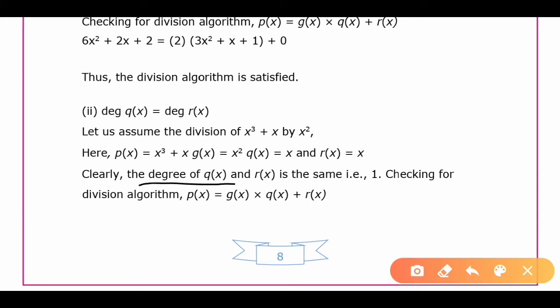Clearly, the degree of q of x and r of x is the same, and that is equal to 1. Checking for the division algorithm, p of x is equal to g of x into q of x plus r of x.